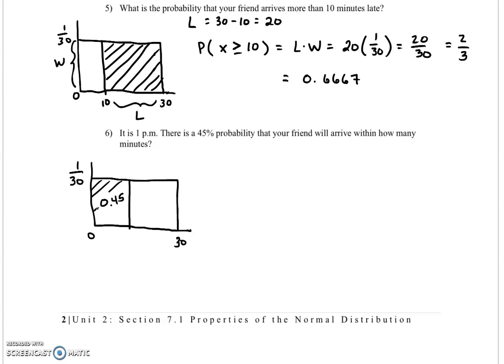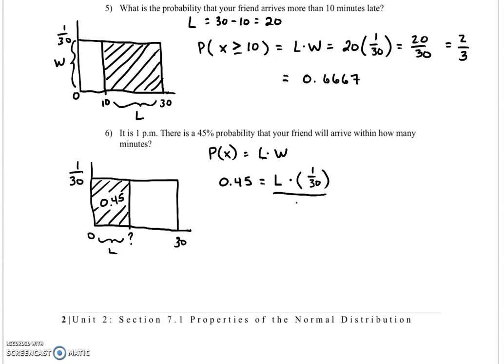And we need to find the length of this shaded rectangle. So remember, the probability is length times width. We don't know the length, but we do know the width and we do know the probability. So 0.45 equals the length times 1 over 30.